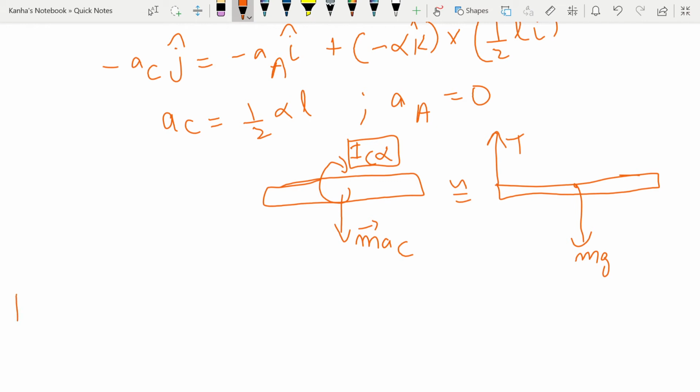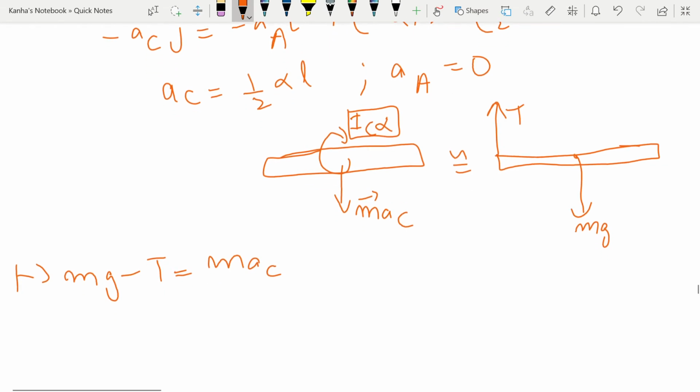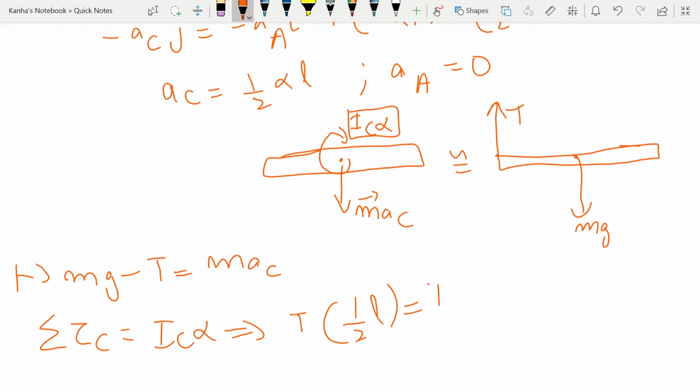So for the translation part, mg minus T is equal to m a_C. And now if I apply the torque equation for the rotation about the centroid, I can easily say that the summation of torque about C is equal to IC alpha. That implies T into half L is equal to IC into alpha.